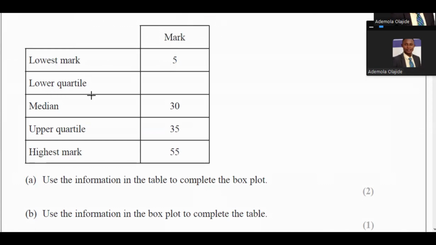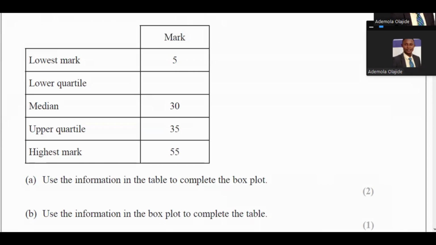We are asked to fill this place, which is the lower quartile. Median is given to be 30, upper quartile 35, highest mark, that's maximum, 55. We have to use the information in the table to complete the box, and we also use the information in the box plot to complete the table.